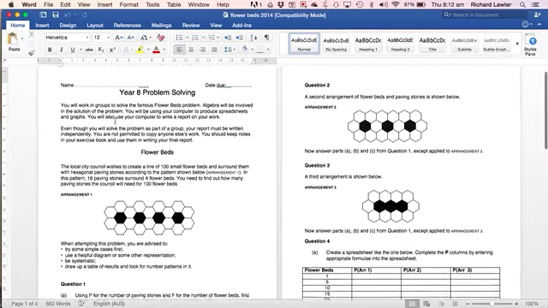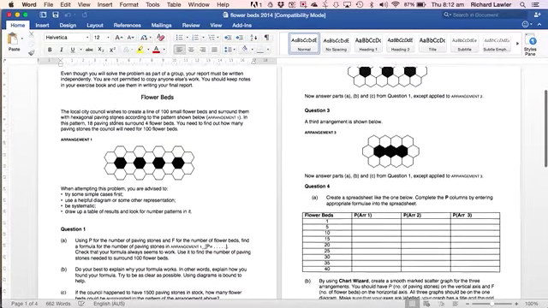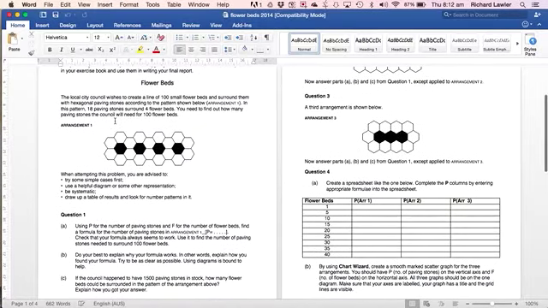Here's the booklet. You can read through it yourself, but basically it's all about looking at patterns. So you've got to look at, for example, these black hexagons here, and these are like small flower beds, and the council has decided that they want these lovely little flower beds, but they want to surround the flower beds with some paving stones, and that's what these white hexagons are for.